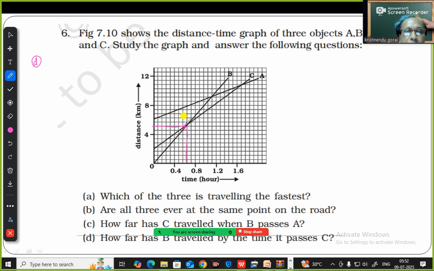How far has B travelled by the time it passes C? At this point, how many divisions? 1, 2, 3, 4, 5, 6, 7, 8, 9. Nine divisions are there.